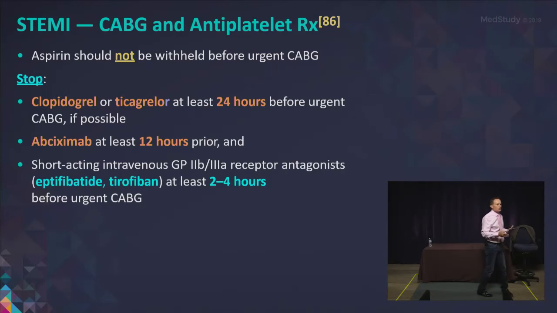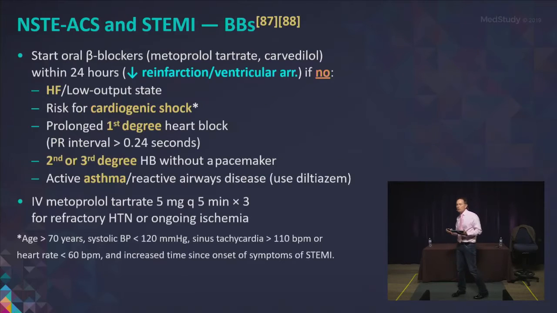We do the usual stuff, and honestly, the way it happens in the real world is, if you can hold those agents, in more of a semi-elective situation, we hold them if you can, because we know that those increase the bleeding during the surgery. But in the real world, if they need to go to CABG urgently, they go. It just means that our anesthesia buddies have to give them a little bit more platelets and products or blood during the actual procedure.